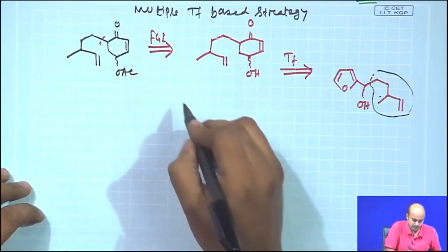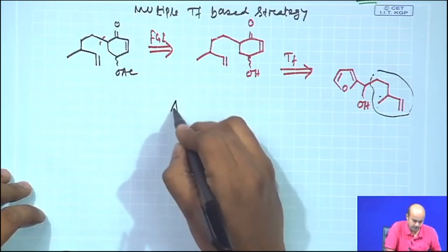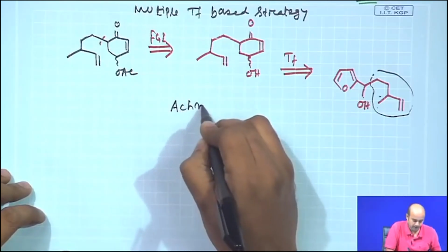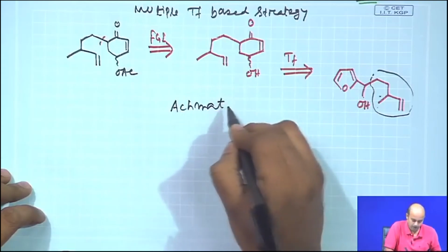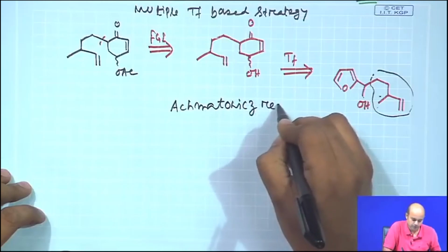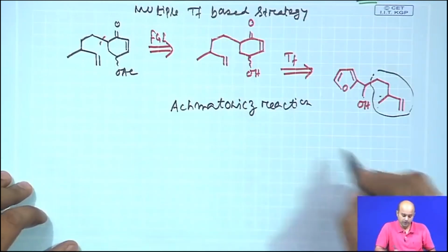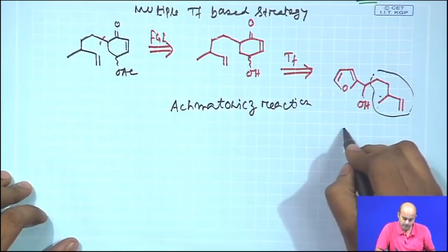Now, the reaction we are going to discuss, this particular transformation, is named the Achmatowicz reaction or Achmatowicz rearrangement. It is definitely an unknown reaction to you. Fine, we will discuss it a little bit later on.